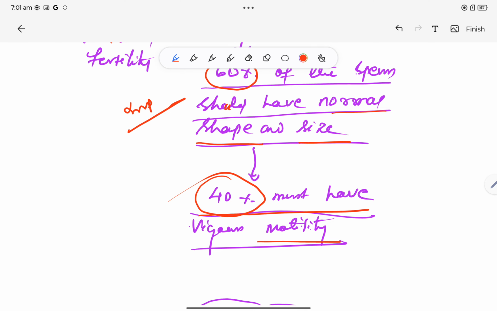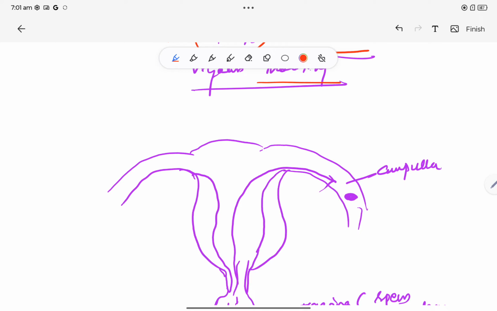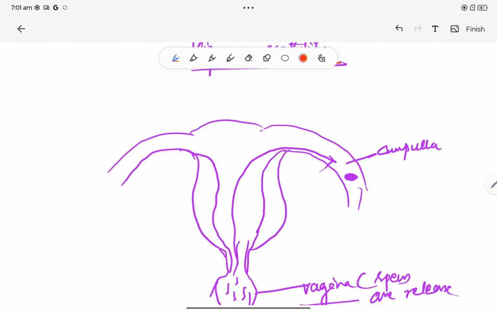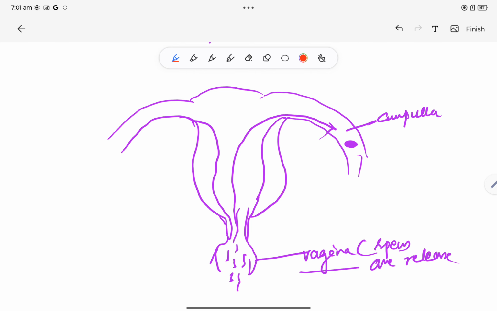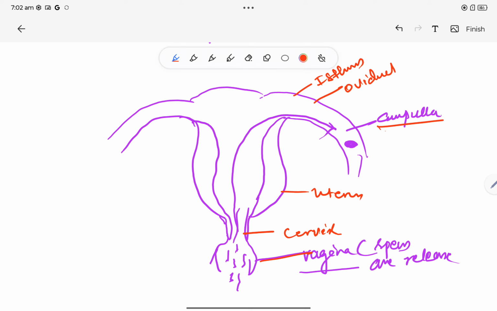So why is this vigorous motility required? Let me tell you. This is the female reproductive system. This is the uterus and this is the vagina. Then this is the cervix, and this is the oviduct. In the oviduct, this is the isthmus, this is the ampulla, and then here is the infundibulum.